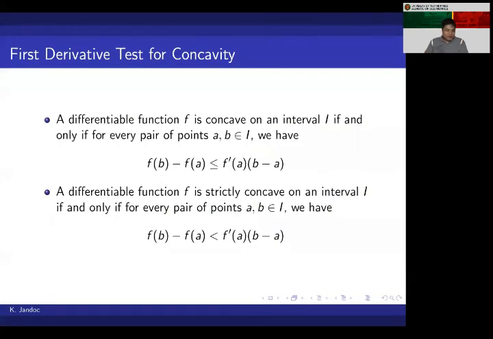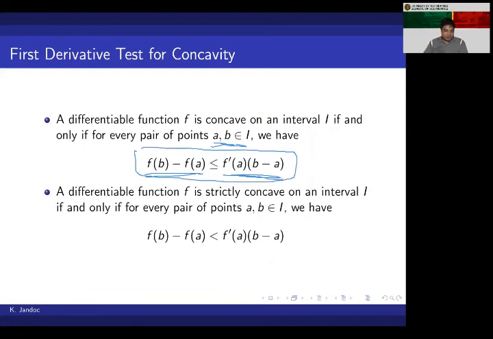Therefore, a differentiable function f is concave on an interval I if and only if for every pair of points A and B in that interval, f of b minus f of a is less than or equal to f prime a times b minus a. When your function is concave, this is always true.